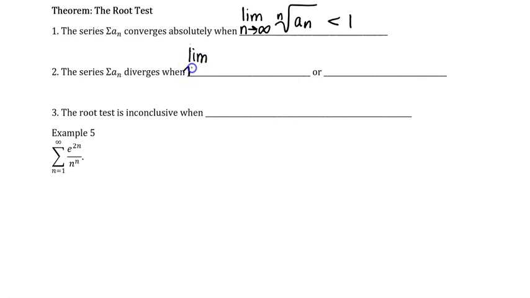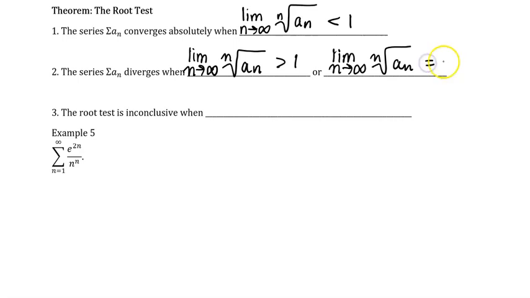Similar to the ratio test, we can conclude that the series diverges if that same limit is greater than 1, or if that same limit is equal to positive or negative infinity. As you might be able to guess, similar to the ratio test, the root test is inconclusive if that same limit of the nth root of the terms of that series is equal to 1.